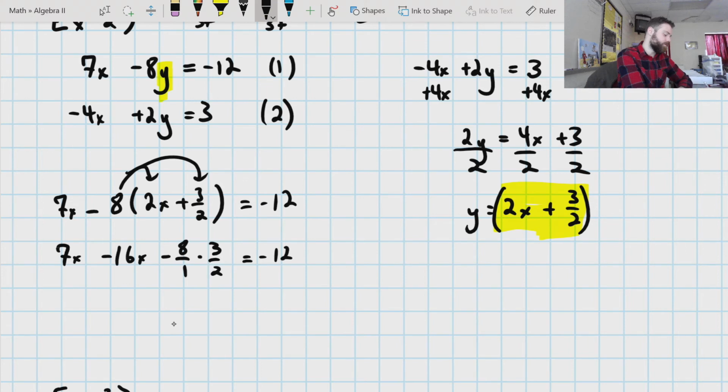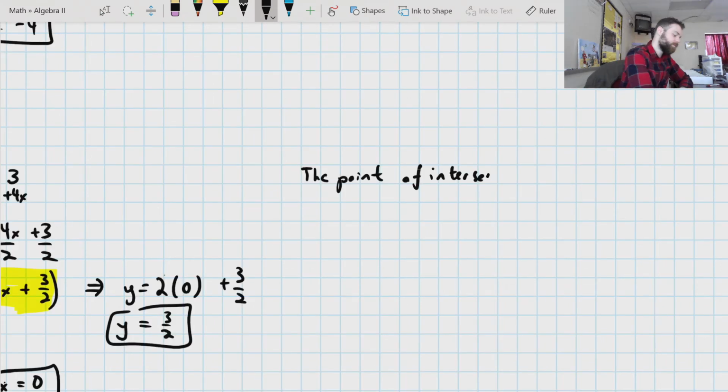So to sum it up, the point of intersection for this system, and that's just example 2, is 0, 3 over 2.